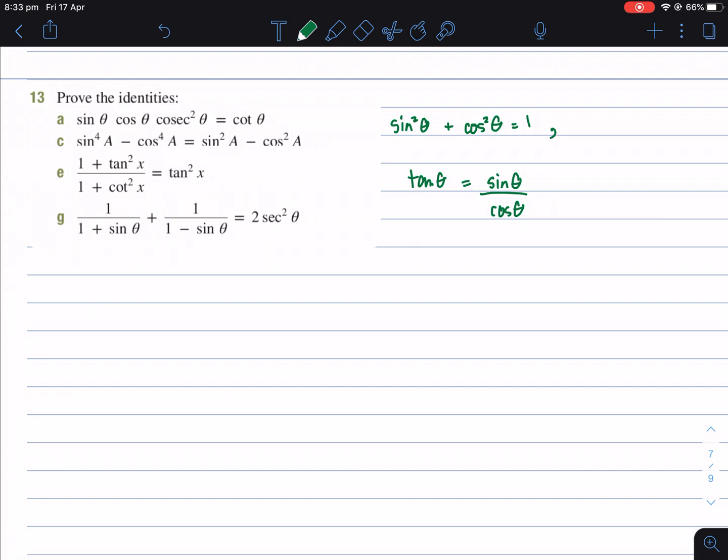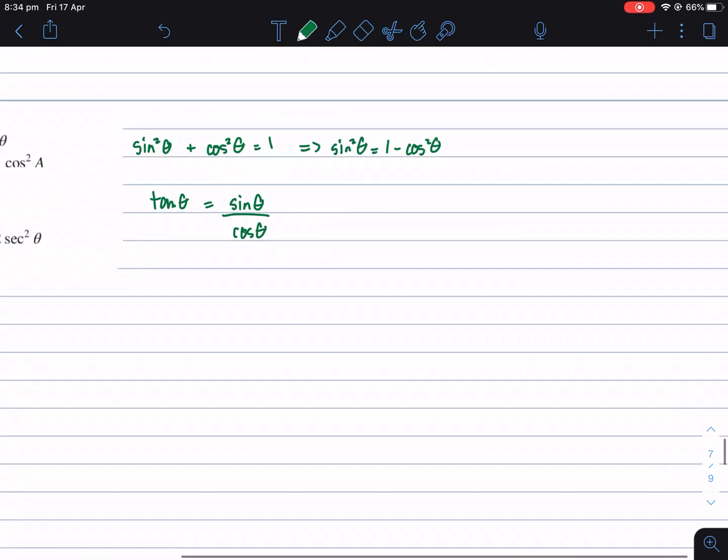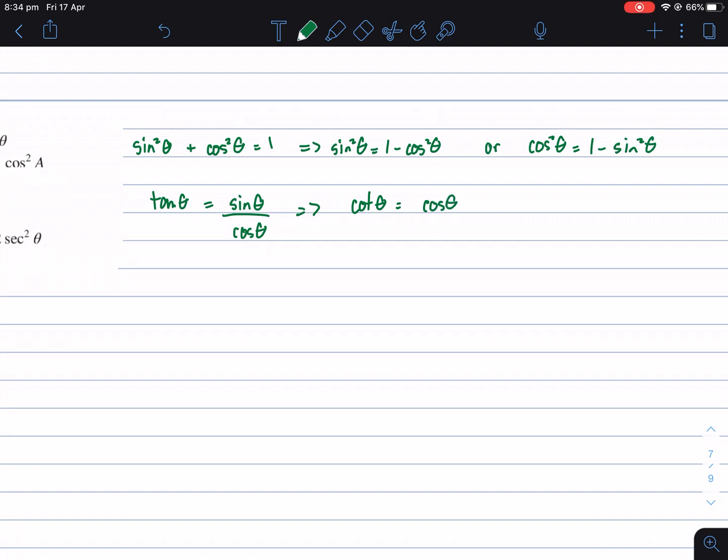So for example, if I rearrange those, it'll probably be sine squared theta is 1 minus cos squared theta. And the other version of this one is cos squared theta is 1 minus sine squared theta. This also tells us that cot theta is cos theta over sine theta because it's tan upside down.